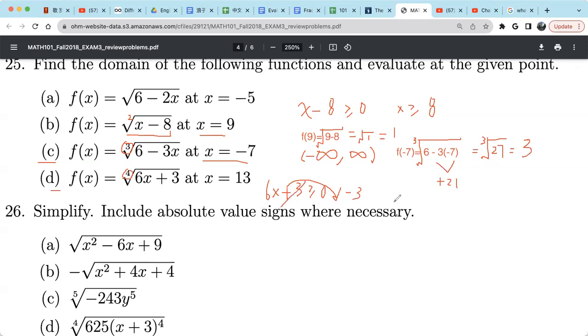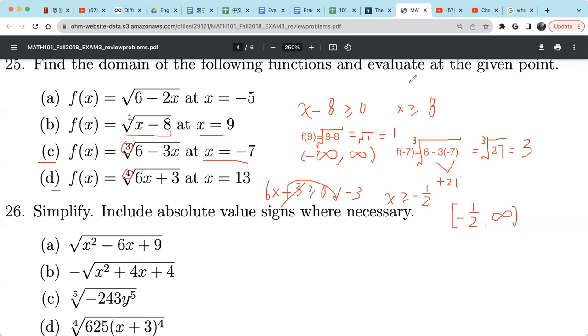We divide by 6 on both sides, so x is greater than or equal to negative 1/2. So we make it greater than or equal to, including negative 1/2, going to the right to positive infinity, close parentheses. We never use a bracket for the infinity sign. Infinity is just a concept.